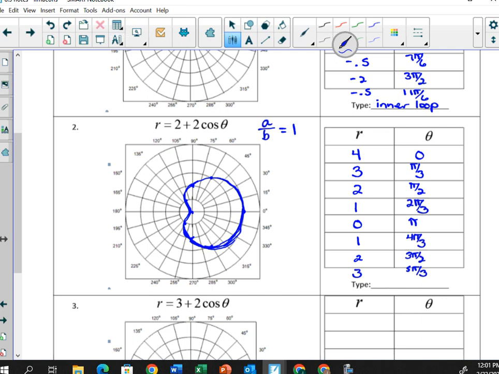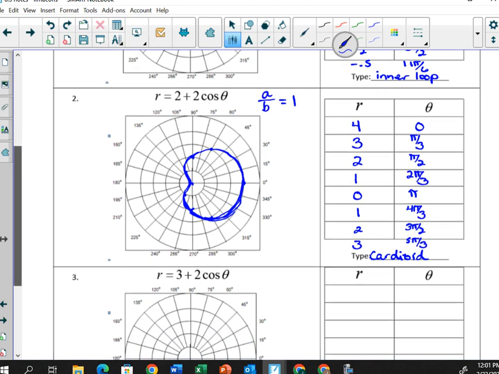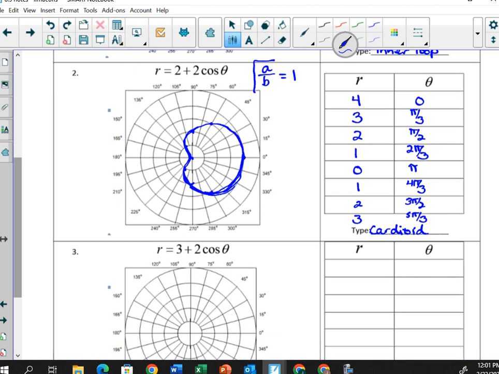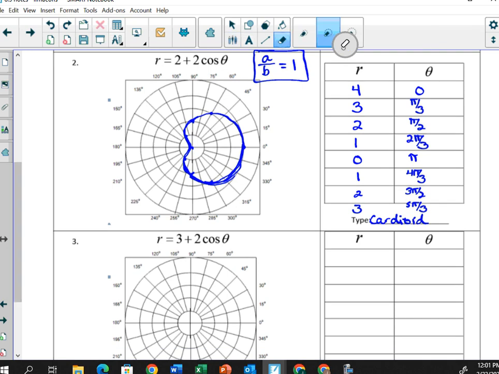All right, so again, this is a cardioid. C-A-R-D-I-O-I-D.